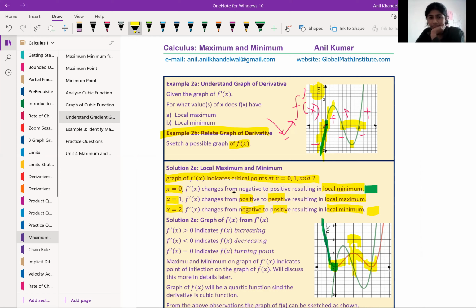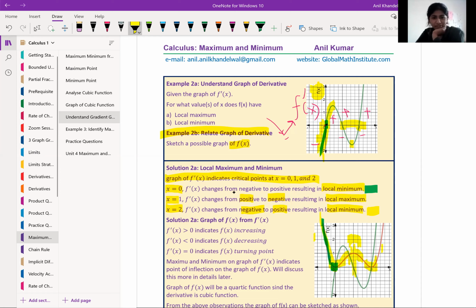Second, since it is a quartic function moving from quadrant 2 to 1, it is going to come down with negative gradient in the beginning, then positive gradient going up after the minimum. Correct?